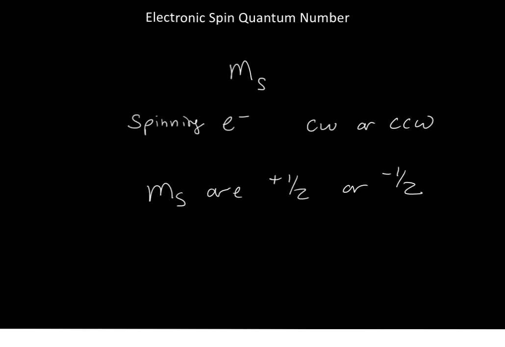Those are the 2 values that it can be because your electron can spin basically in those 2 different directions. So the electronic spin quantum number has to do with the fact that we've got a spinning electron. The electron's got that negative charge, and again, it can spin clockwise, it can spin counterclockwise. 2 values, plus 1/2, minus 1/2 are the rules for that one. And on the next slides, we'll do a couple of examples where you can apply these rules.